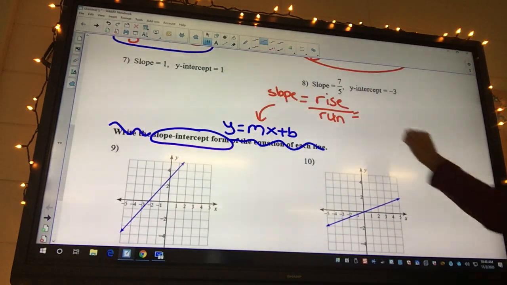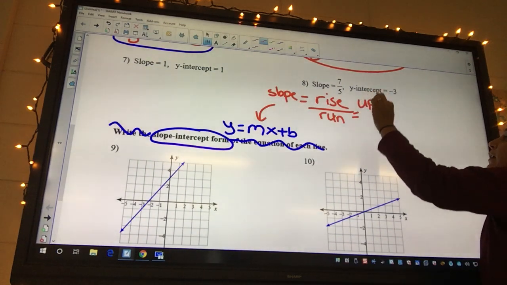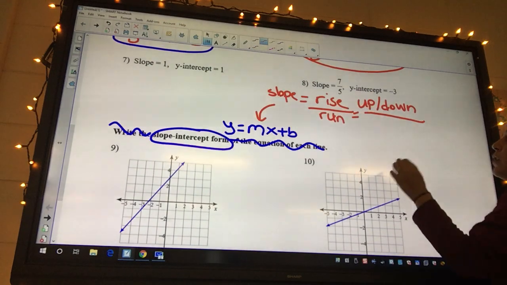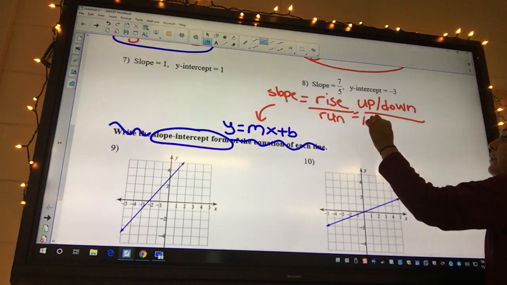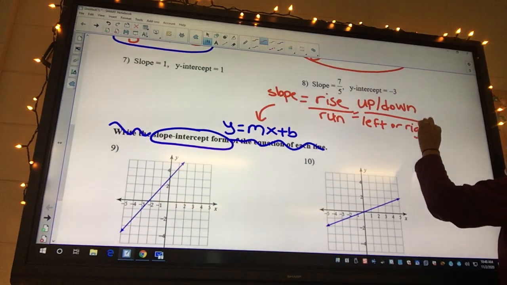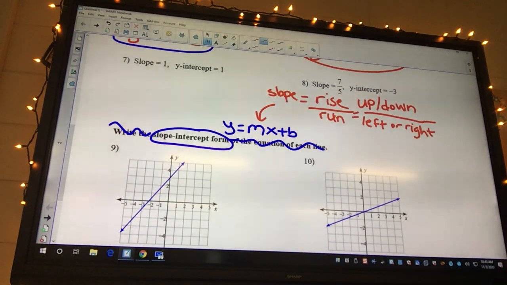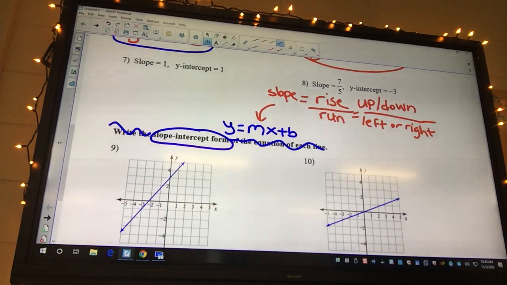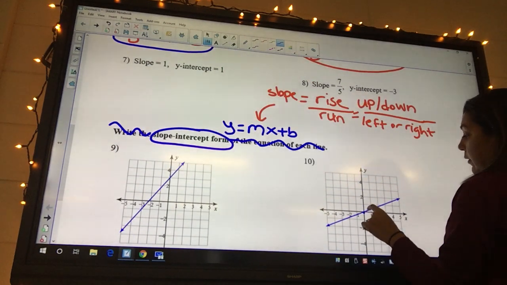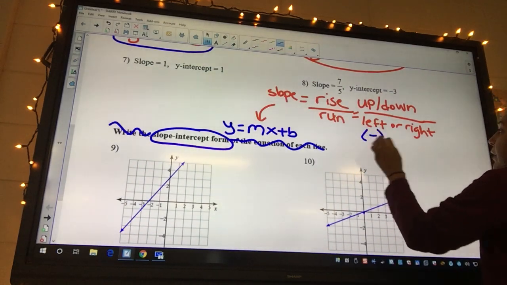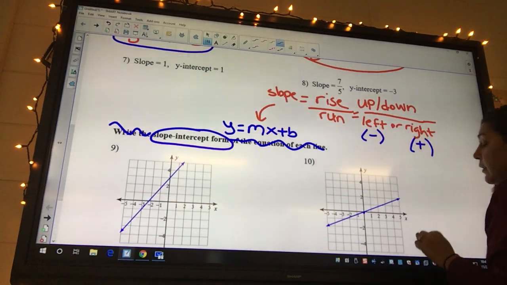So rise means up or down in this case. And run means left or right. If we go to the left, it's going to be negative, and if we go to the right, it's going to be positive.